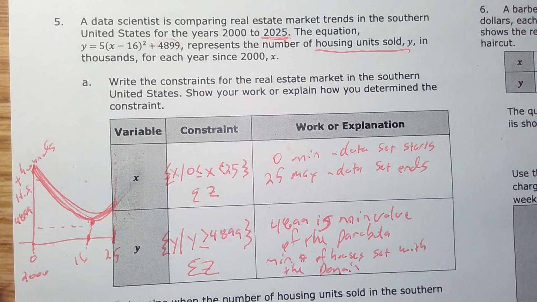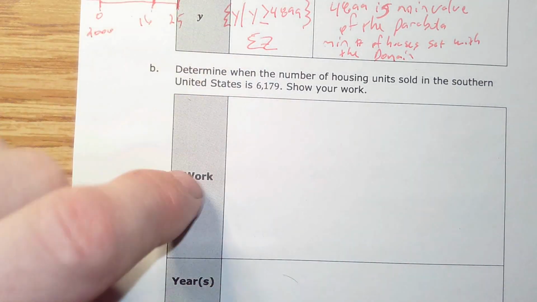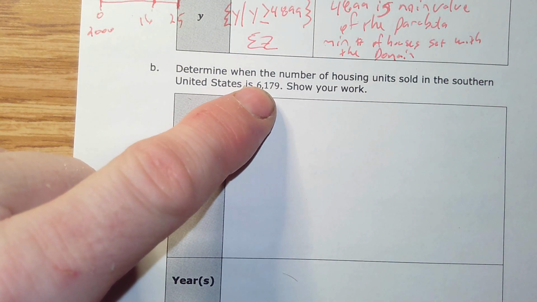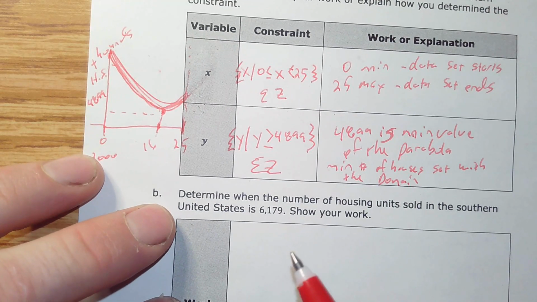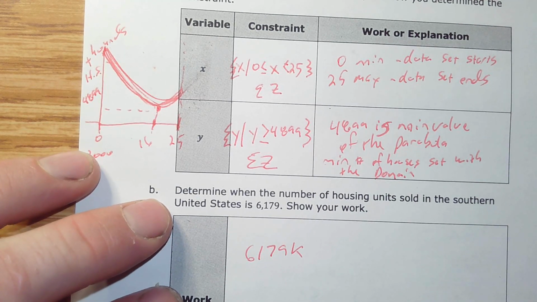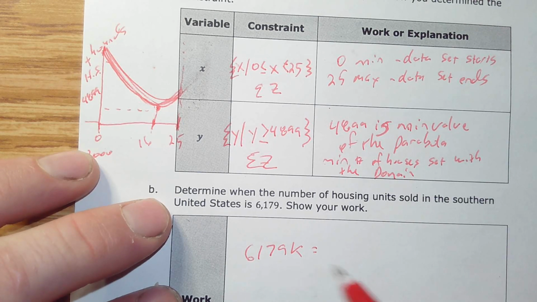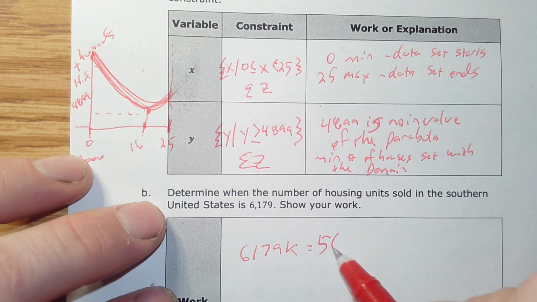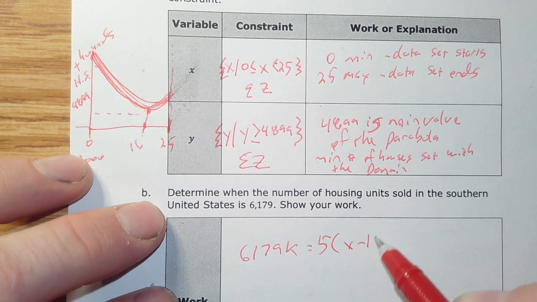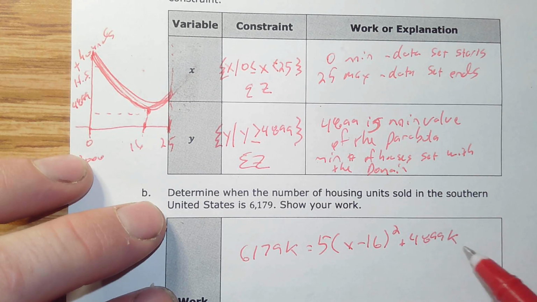Okay, all right, so the next one is saying, determine when it was this much. So I know that I can say that 6,179,000, I'll put a K right there just to say 1,000, not 6,179 but 6,179,000, equals, K means 1,000 by the way, 5 times x minus 16 squared plus 4,899,000.